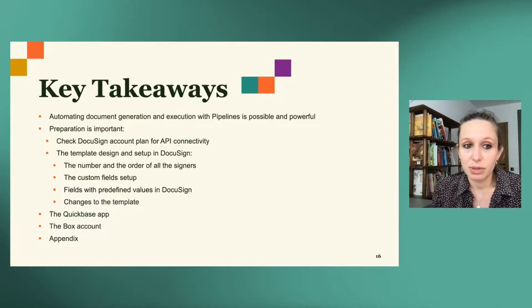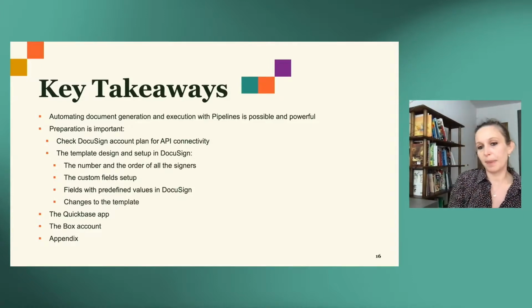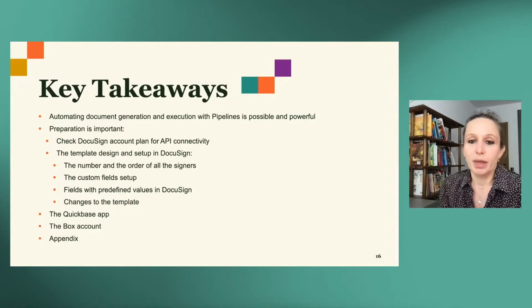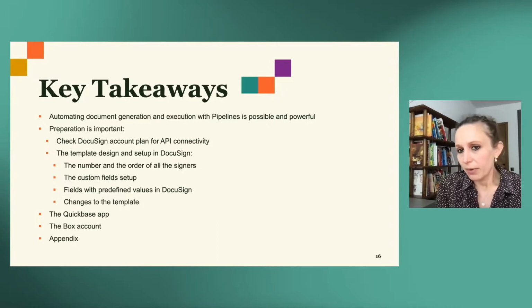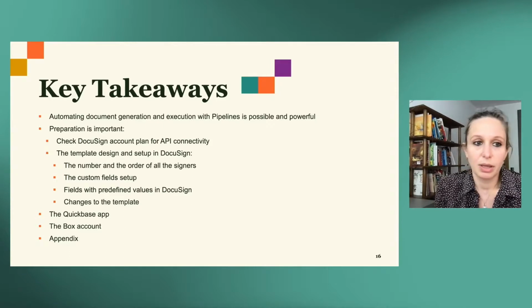The custom fields are attributed to each and visible only to the specific signer when they receive them. Fields can have predefined values set in the DocuSign UI that could be later overridden by pipelines, like the sender email, role, and the email subject.